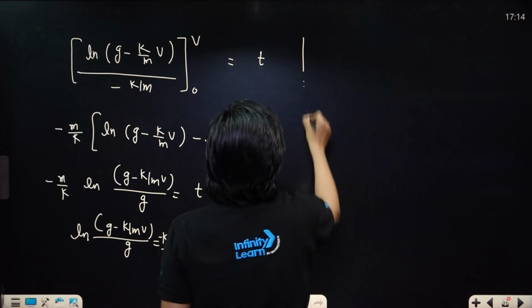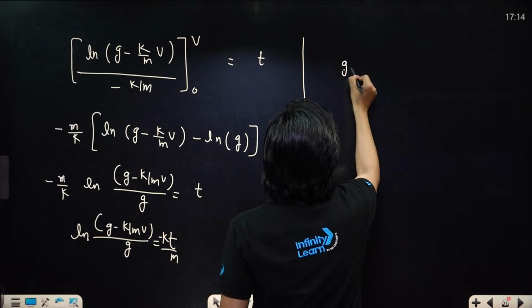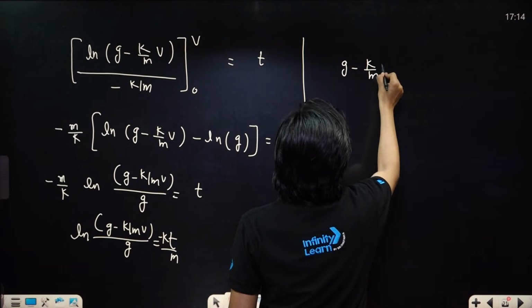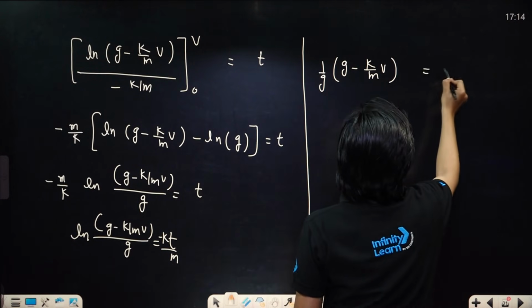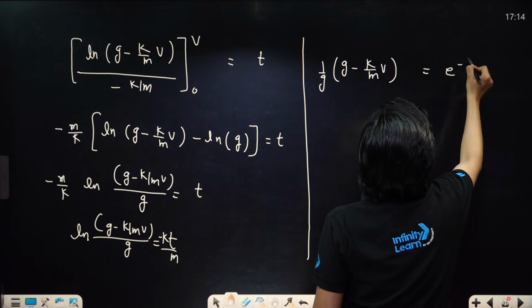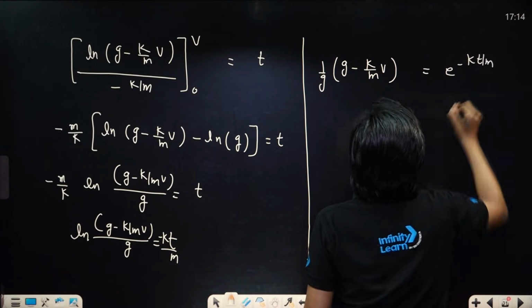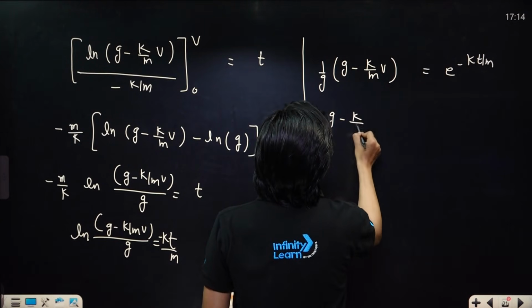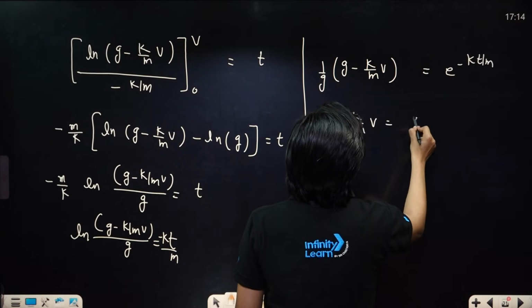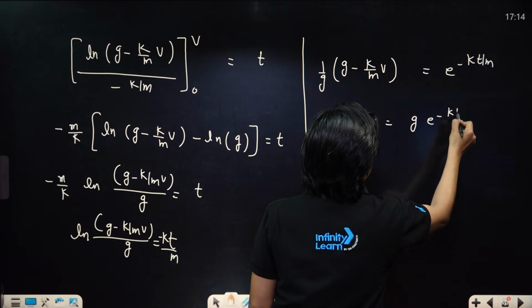You can also now write g minus k by m into v divided by g is actually equal to e raised to the power minus kt by m. Or you can write g minus k by m into v is equal to g into e raised to the power minus kt by m.